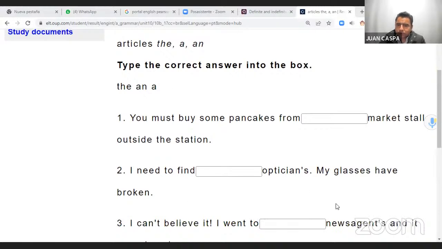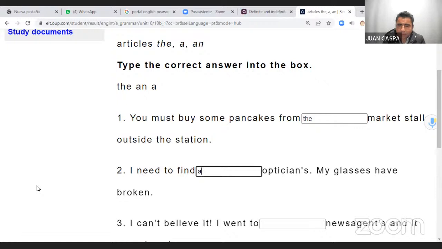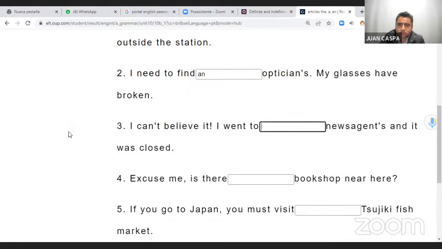We have to type the correct article. How about this? Type the correct answer into the box. It could be the, a, or an. Okay, some of them. The market. The market. Okay. I need to find an optician. Or an. What do you say? An optician. Yes, because of the vowel sounds.